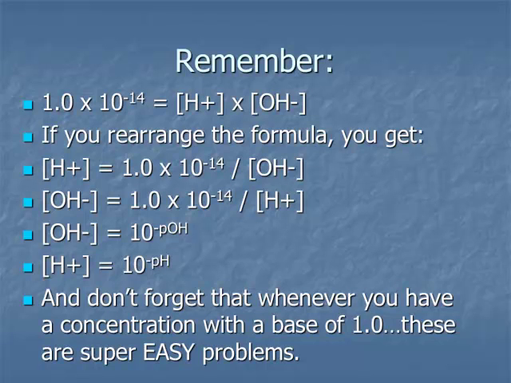Let's see, pH and pOH are exact opposites. And then don't forget that whenever you have a concentration with a base of 1.0, those problems are super easy. So I hope this helps you, and follow the little diagram that I put onto your guided notes, and you should be totally set.